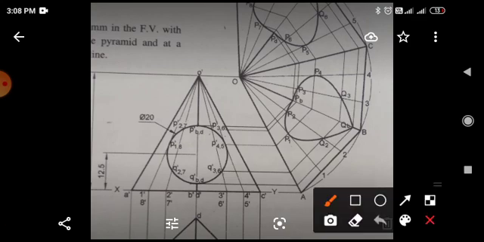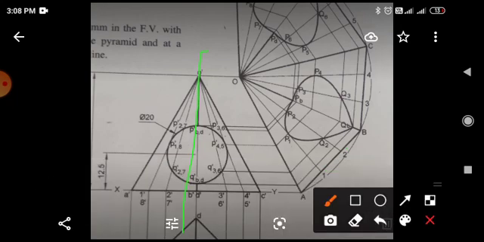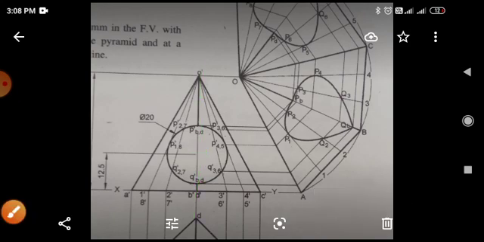You can see here is the axis of the pyramid, and the line of the center is intersecting the axis of the pyramid at 12.5 millimeter from the base. Develop the remaining portion of the pyramid.